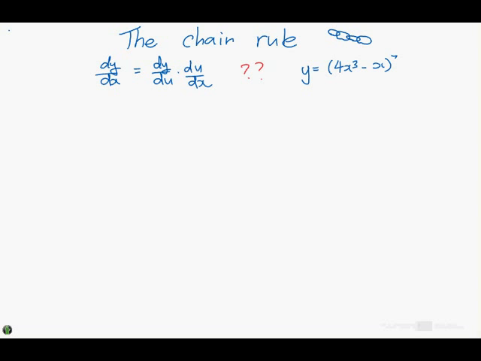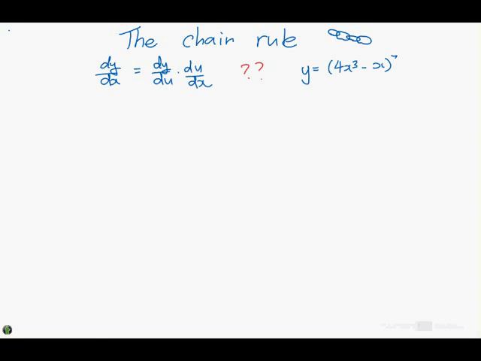I'll show you how this works with our little example. So we've established that for our little example, you can't really just differentiate that straight up. Pretty tough. So I'm going to pick a chunk of y, sorry.